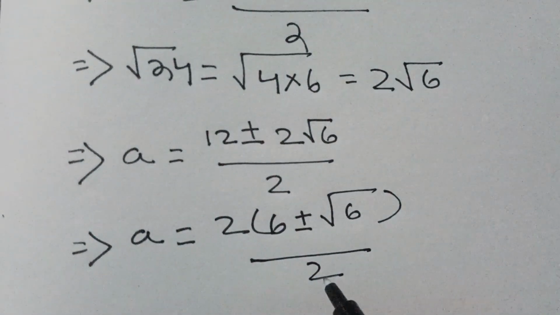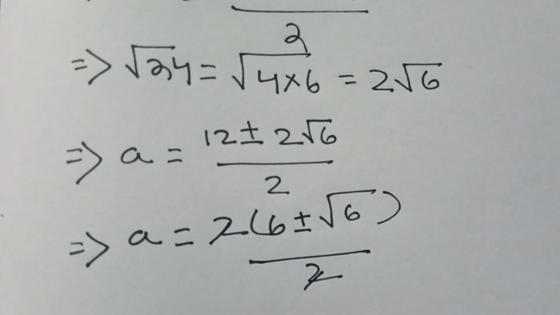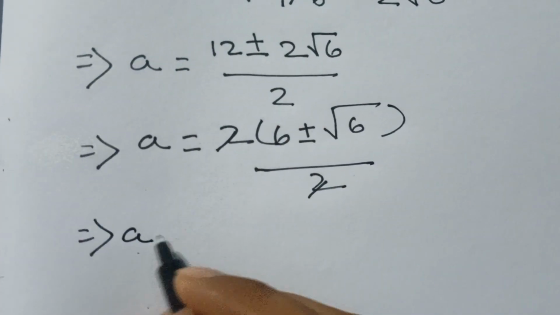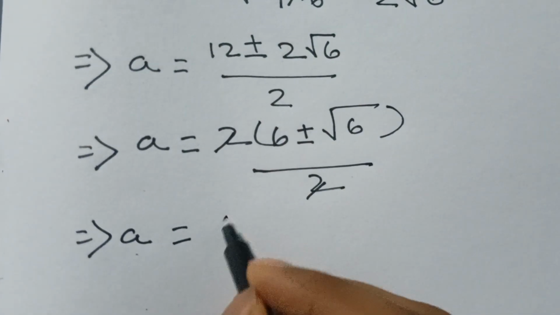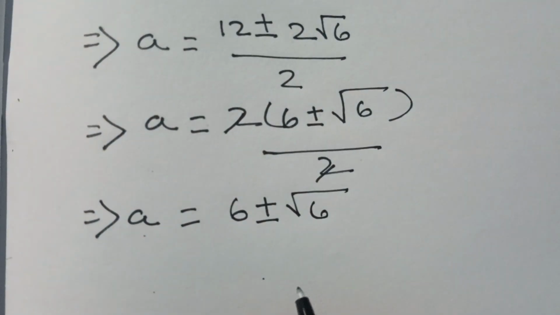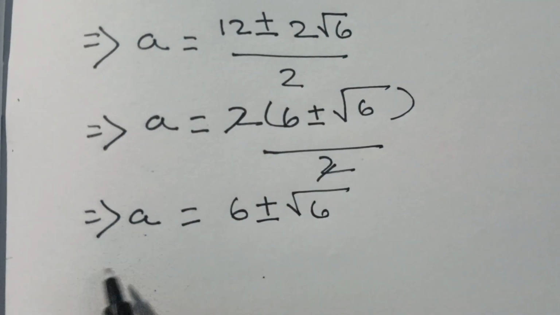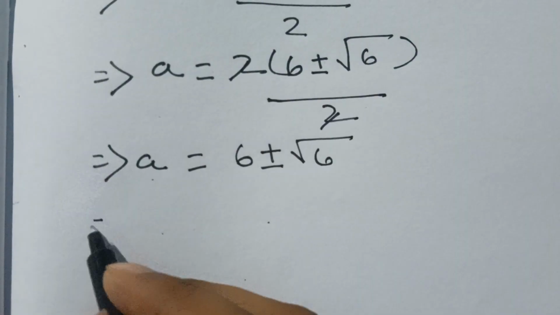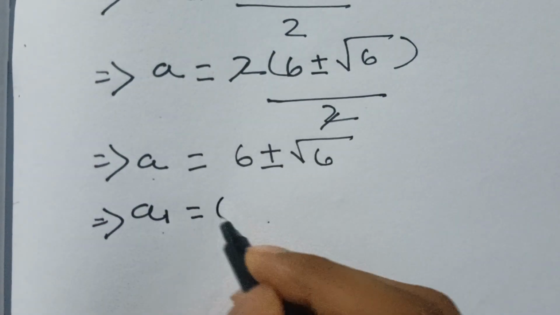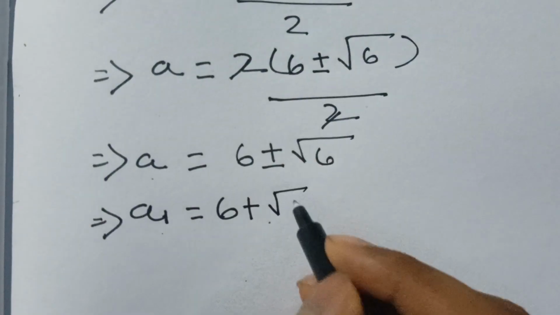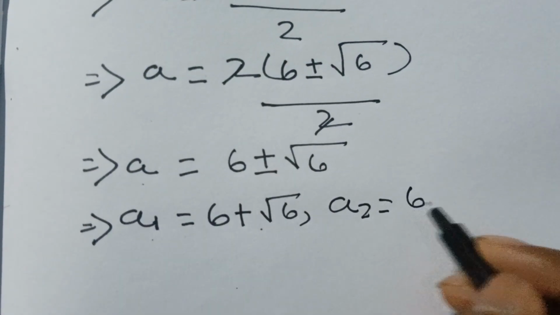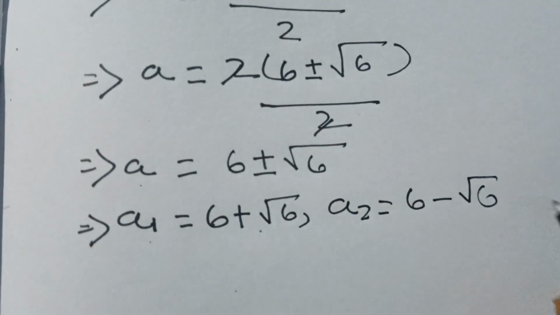These 2s will cancel, so a is equal to 6 plus or minus root 6. As you can see, a1 will be 6 plus root 6, and a2 will be 6 minus root 6.